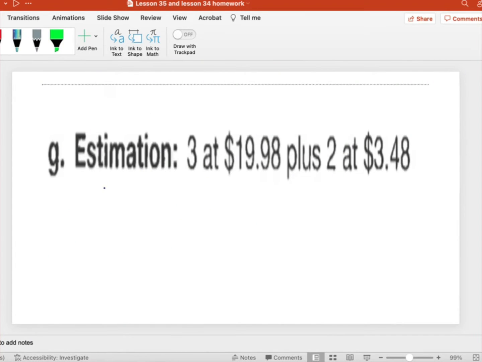Okay, so now we're working on estimation. 3 at $19.98 plus 2 at $3.48. So remember, we're estimating. So let's round this to $20. So we have 3 items at $20, and 3 times 20 would be $60, because we're just estimating, right?